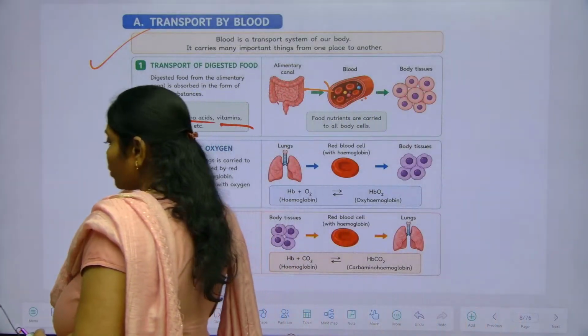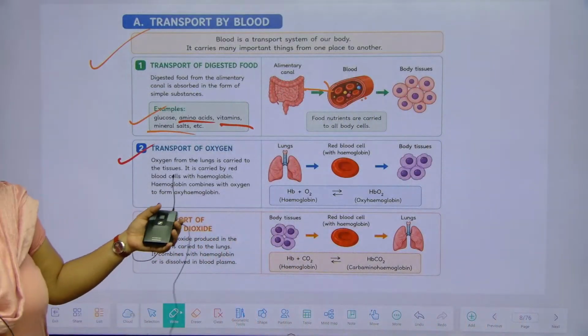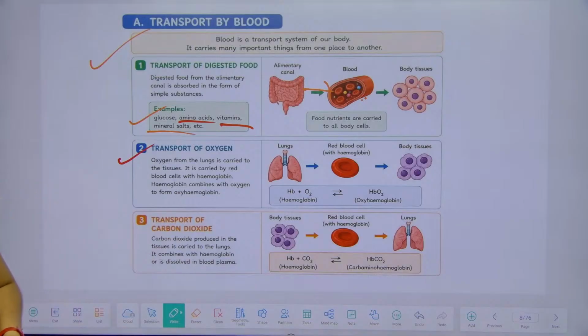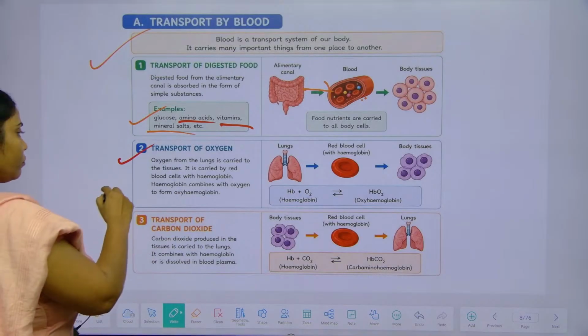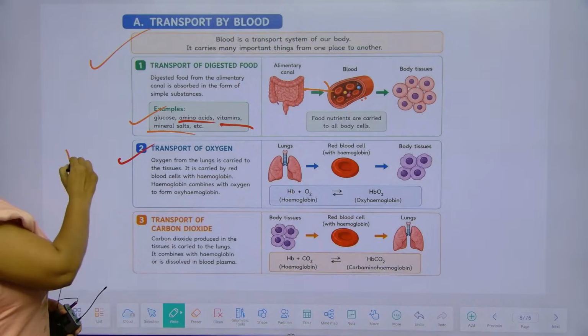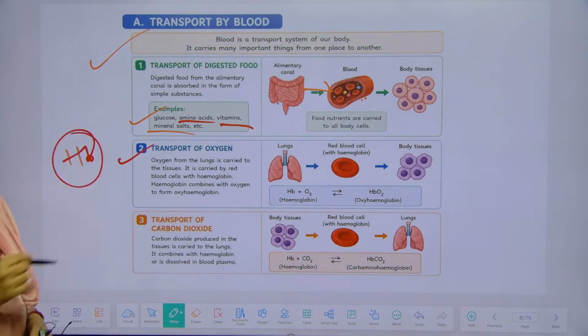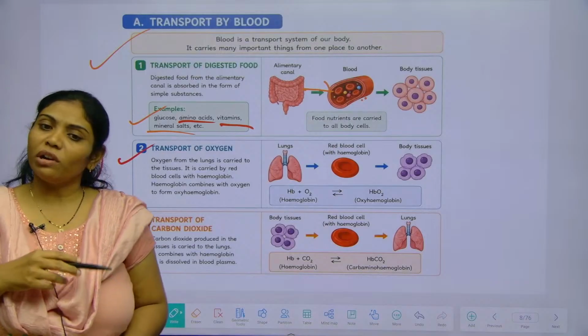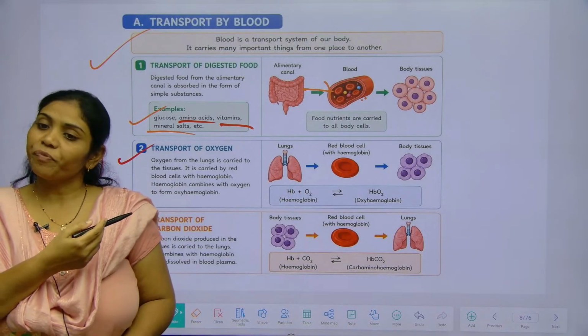Okay, transportation of gases, that is oxygen and carbon dioxide. See here, these RBCs have what? Hemoglobin. Hemoglobin is what? It is a pigment. Because of this pigment only, our blood is in which color? Red in color.